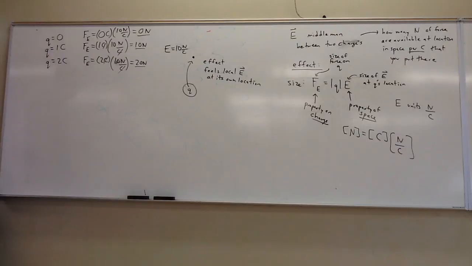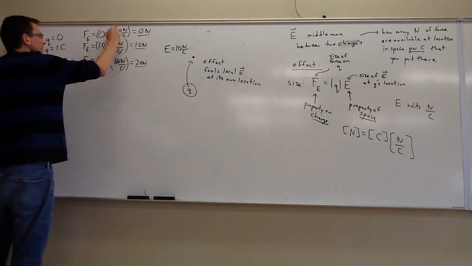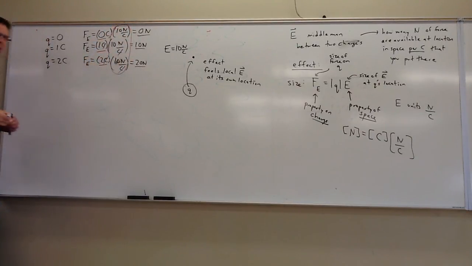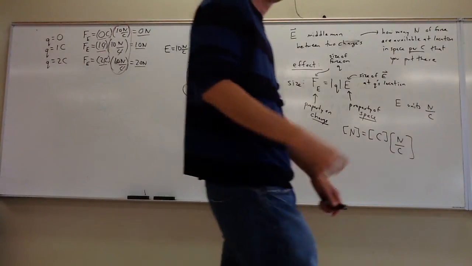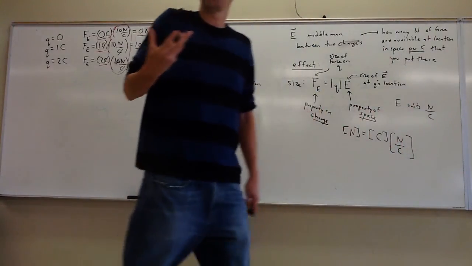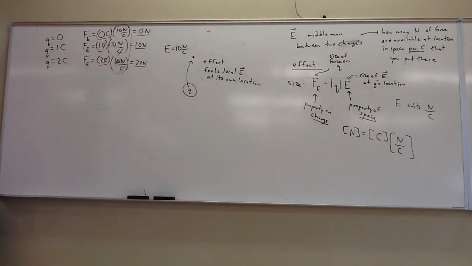So the common thread is that the location always offers up the same property, 10, but the charge we're placing there is different, therefore the force is different. So the key thing here is to understand that the location has a certain property. Then you still have to supply what you're going to put there before you know how much force it experiences, right? Does that make sense?